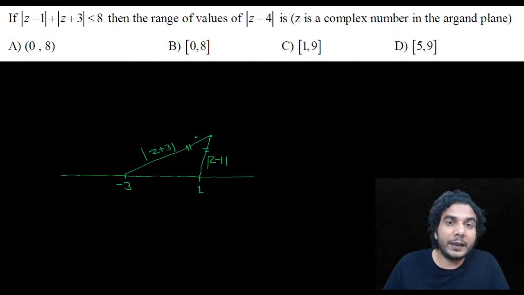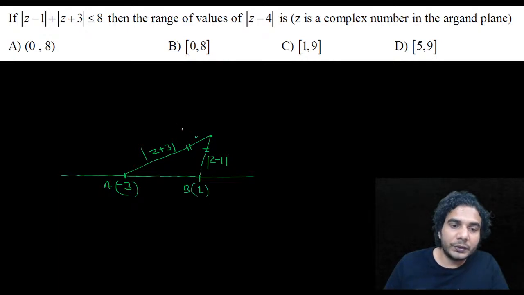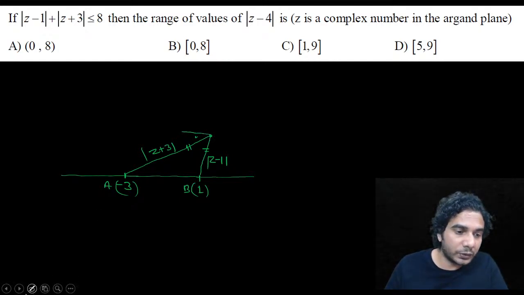So if I take the sum of distances as 8, and the distance between these 2 points A and B is basically 4, they will form a triangle, and the locus of Z will be an ellipse. And it is less than 8 also, so that means the interior of the ellipse will also be included in this.